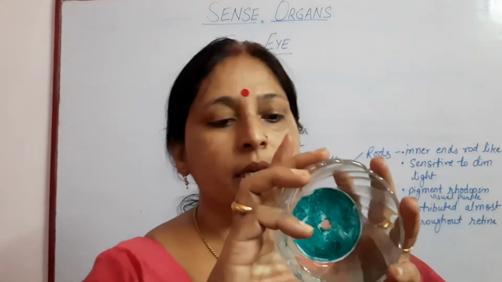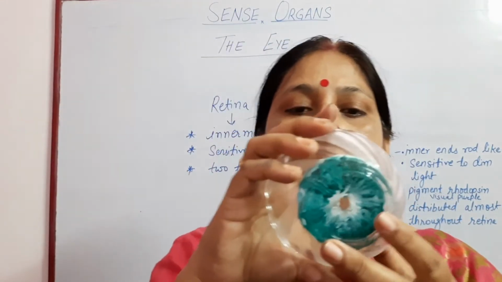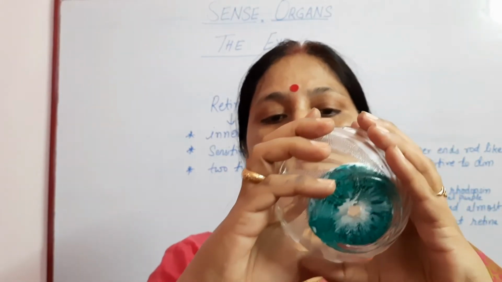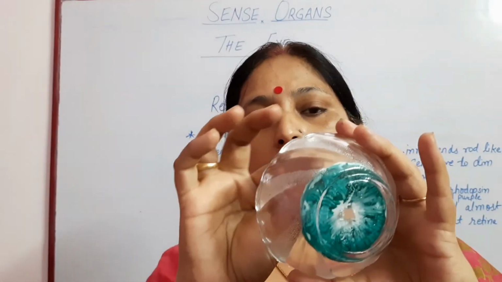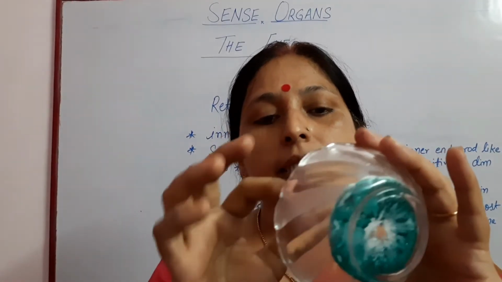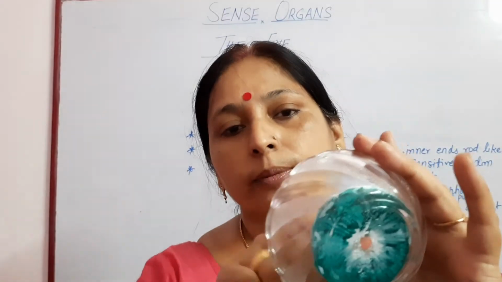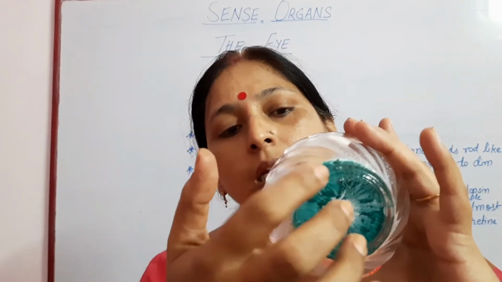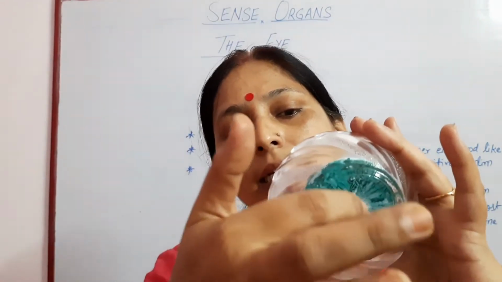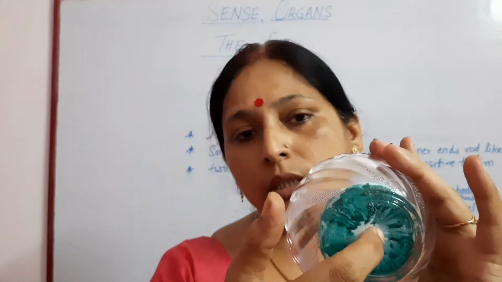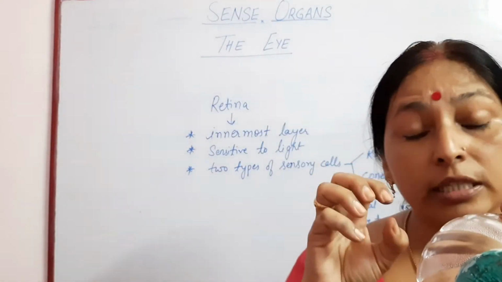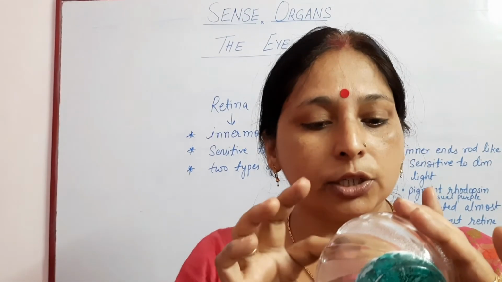This structure, when we see from this side, is the thin transparent layer, and behind this is the pupil. The light ray enters through the conjunctiva, and the iris controls the amount of light entering into the eye.